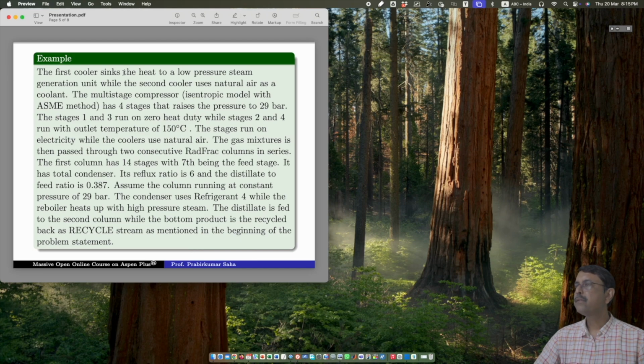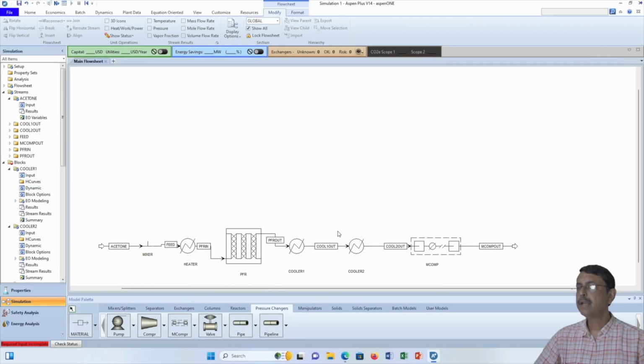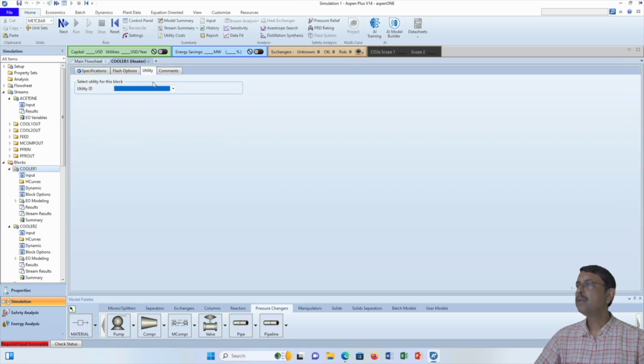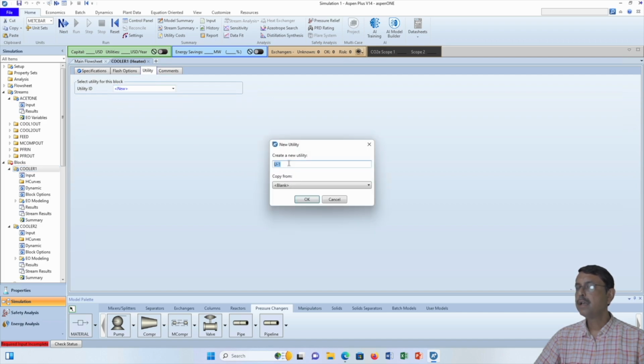Now the first cooler sinks the heat to a low pressure steam generation unit, while the second cooler uses natural air as a coolant. So we have to use the two utilities. In the first case, low pressure steam generation unit. In the second case, natural air. So let us go to cooler 1 and 2 once again. Use utility ID, new utility. Let us name it generation of low pressure steam.